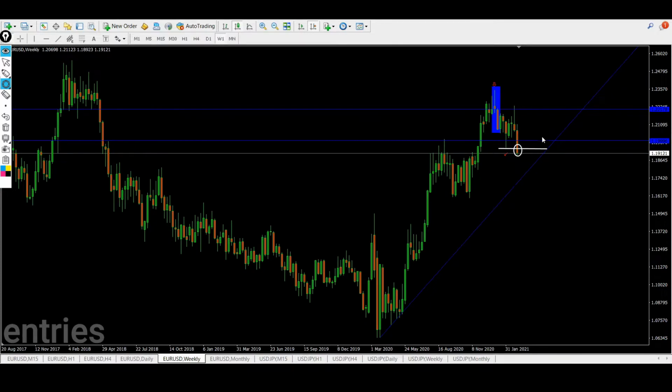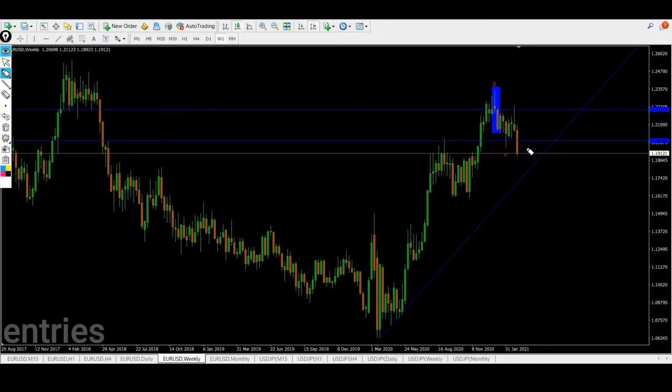Okay, now let me just explain why we were targeting that pivot low. Okay, so this was a strong short trade, and this is a weak long trade. And so as price pulled back, we're looking for opportunities for short entries right back down to this pivot low, right? Okay, now at this point, it really depends.